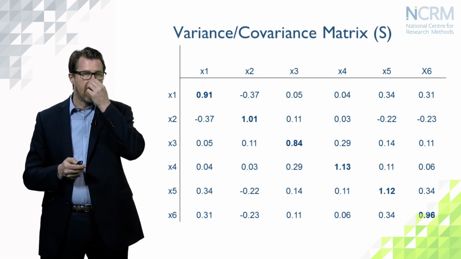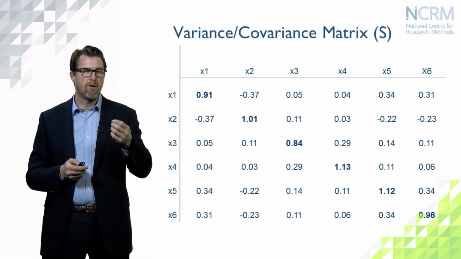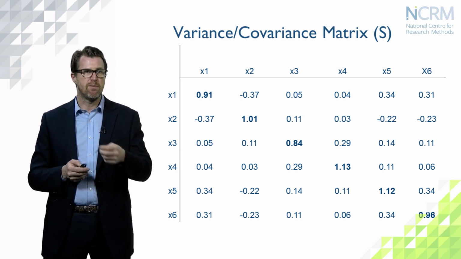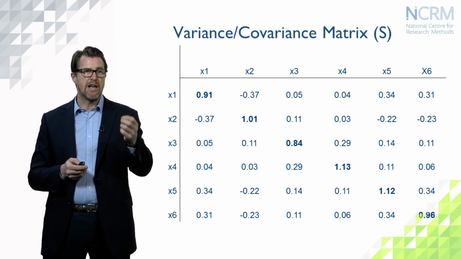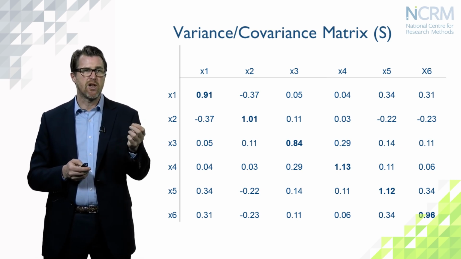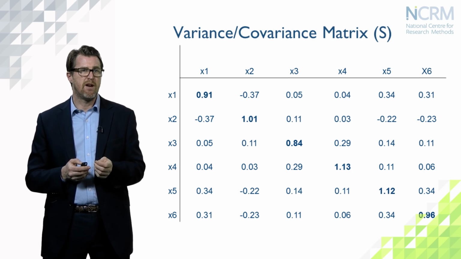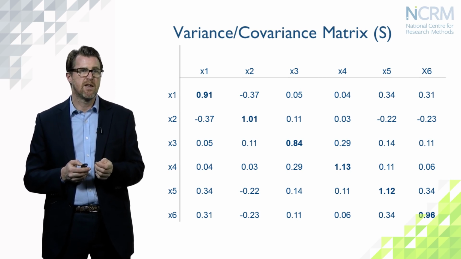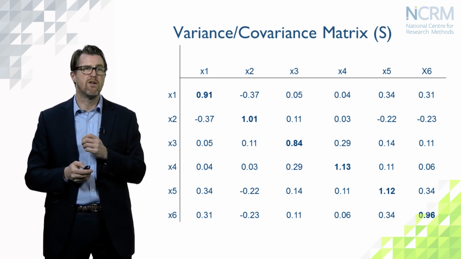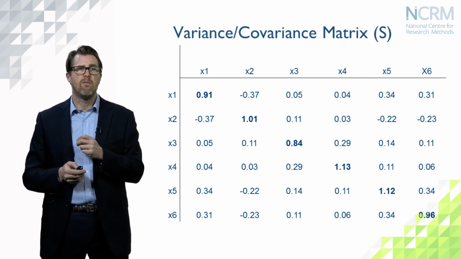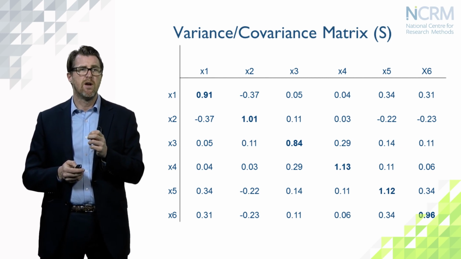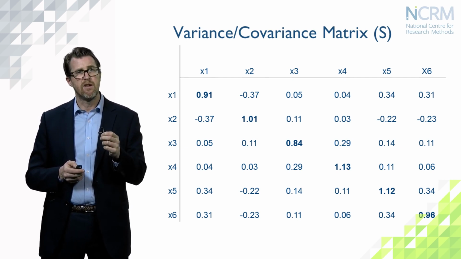A variance-covariance matrix: probably most people will be more familiar with a correlation matrix, but here we're dealing with unstandardized variables, and this matrix shows 6 observed variables, x1 to x6, in both the columns and the rows of this table. The diagonal, shown in bold, indicates the variance.